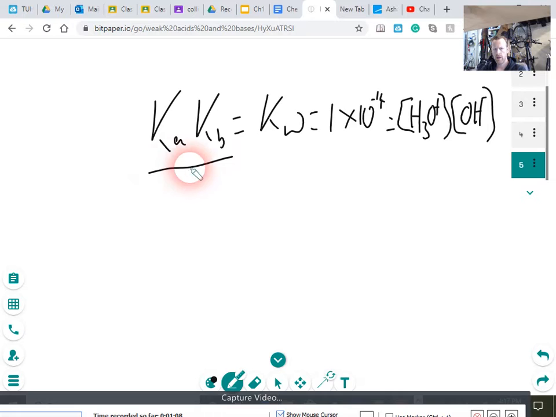So if I write out Ka, what's Ka again? Products over reactants.